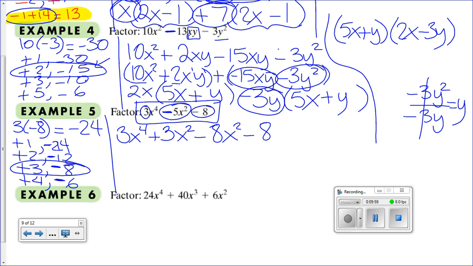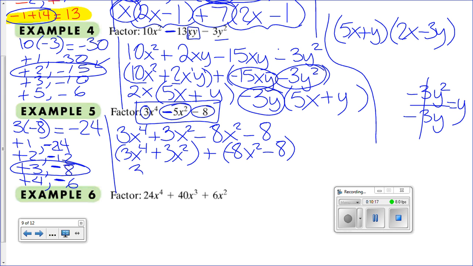And then we do the factoring by grouping. I'm going to go a little faster because we're almost out of time. So if I factor out 3x from 3x to the 4 plus 3x squared, and then I make another group here, minus 8x squared minus 8.